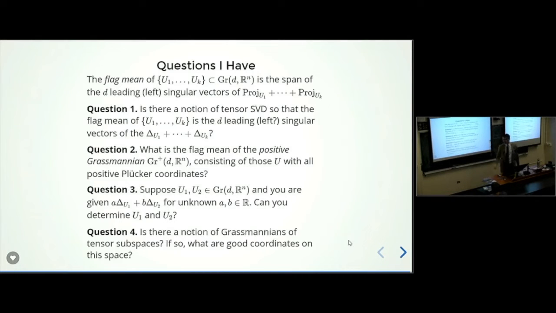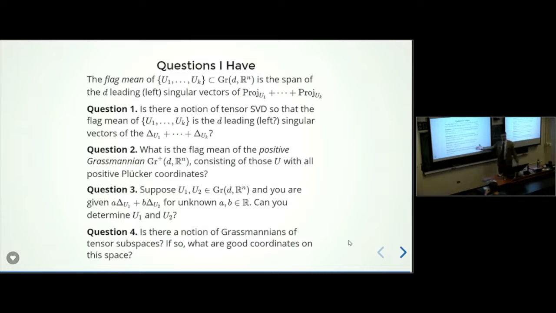then finally, this is one that occurred to me just over the course of the week, hearing people talk, like, I've thought a lot about Grassmannians. So the sort of the moduli space of all d-dimensional linear subspaces of some vector space. And the geometry of these things is really well understood. They have applications to all kinds of different areas, from signal processing to polymer physics to, you name it.